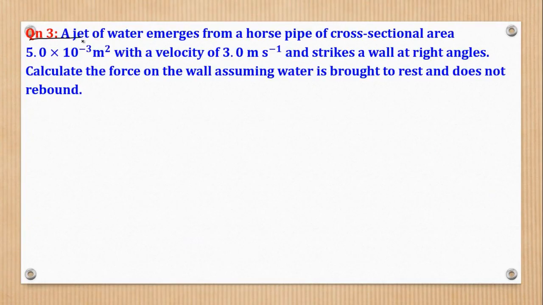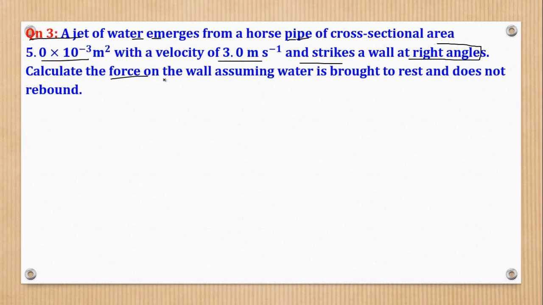Question 3 says, a jet of water emerges from a hose pipe of cross-section area this with a velocity of 3 meters per second and strikes a wall at right angles.